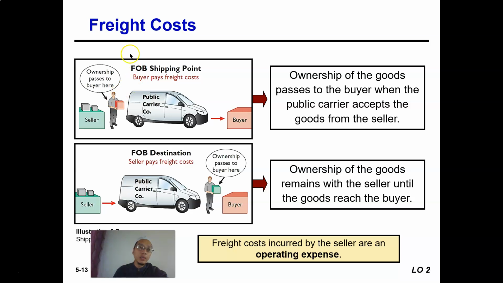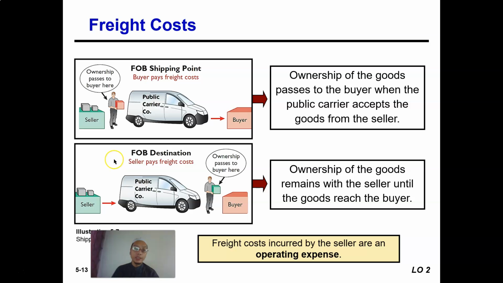So with this kind of term, FOB shipping point, the freight cost, the cost of shipping, is borne by the buyer. The buyer needs to take up the cost of the shipping. Ownership of the goods passes to the buyer when the public carrier accepts the goods from the seller.